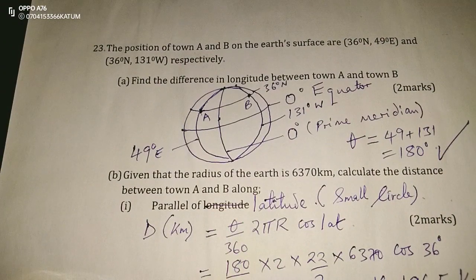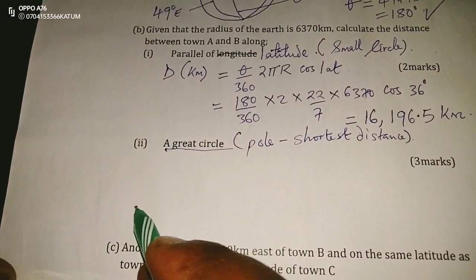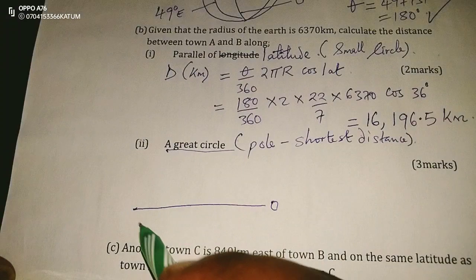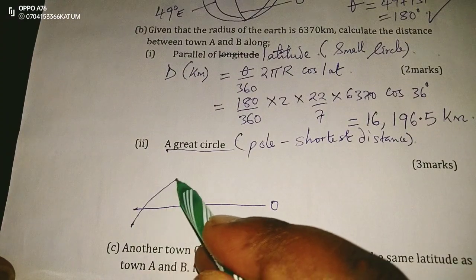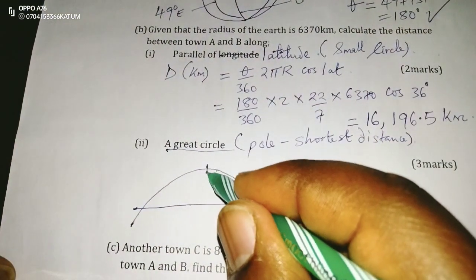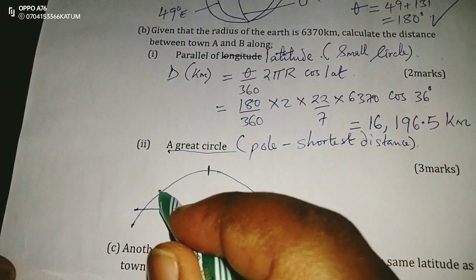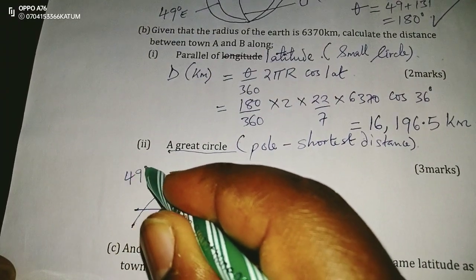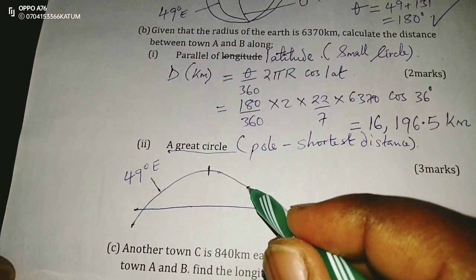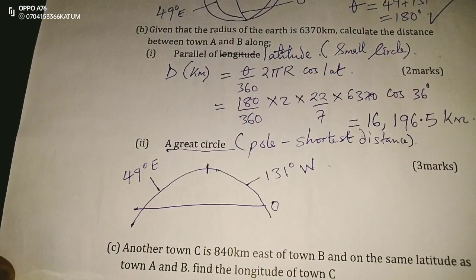So I need us to get that distance. Remember, if we take this one as the equator, 0 degrees, and now we have a place along, we should know this is the North Pole. When we move through 49 east, pass through the North Pole and continue moving, we go down through 131 degrees west. You see?